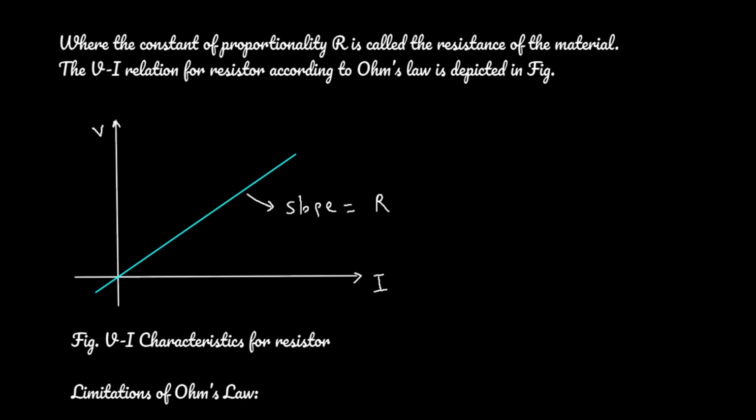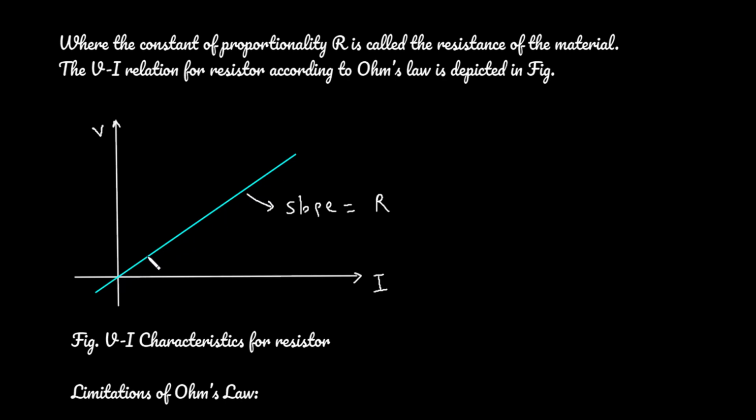Here we can see this is the VI characteristic. When we take current on the x-axis and voltage on the y-axis, that is called the VI characteristic. For a resistor, it will look like this. What is meant by this?